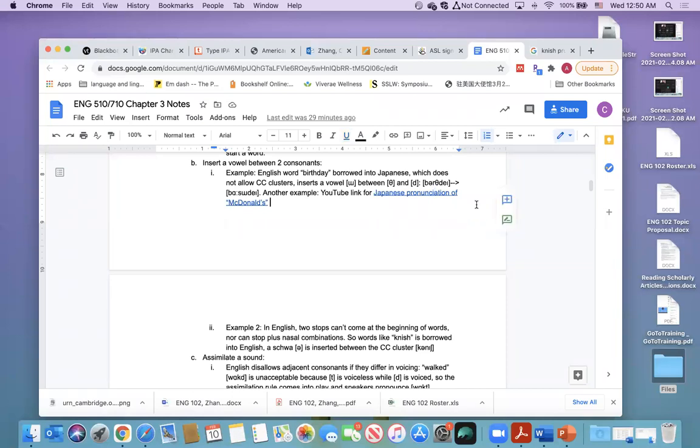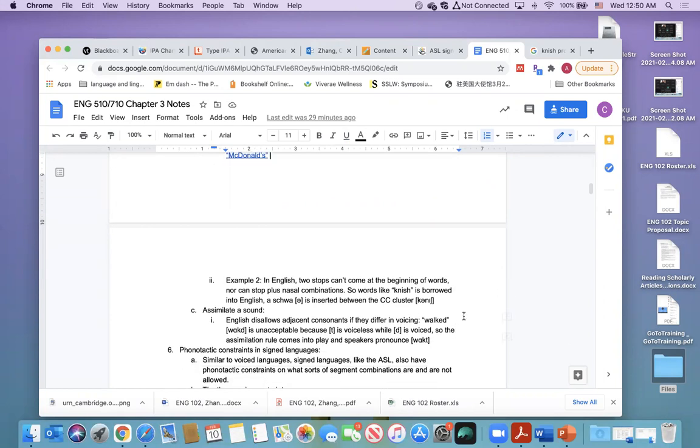Okay, as the video shows, McDonald's is pronounced as Makudonarudo in Japanese, just as birthday is pronounced as birusday, and control is pronounced as kontororu in Japanese. Another example from English is that two stops cannot come at the beginning of words, nor can a stop plus a nasal combination.